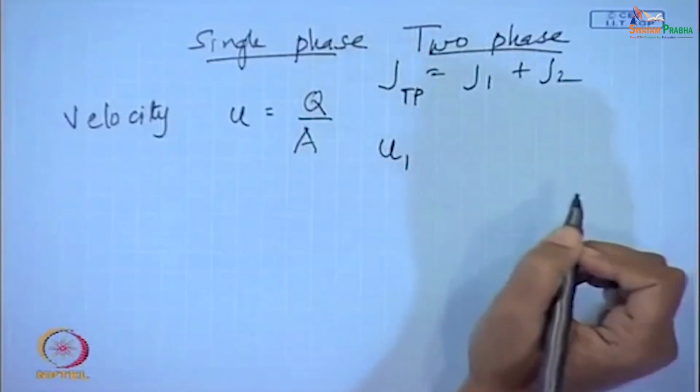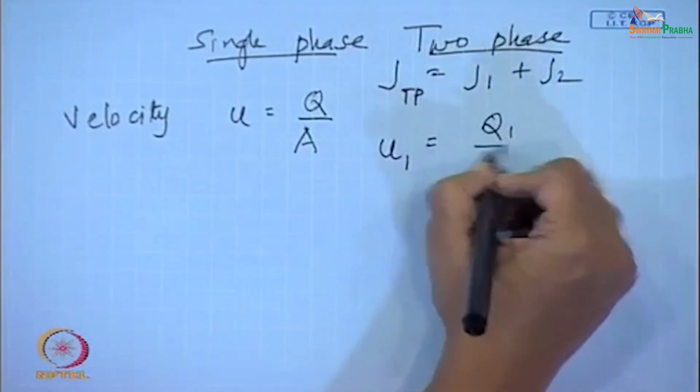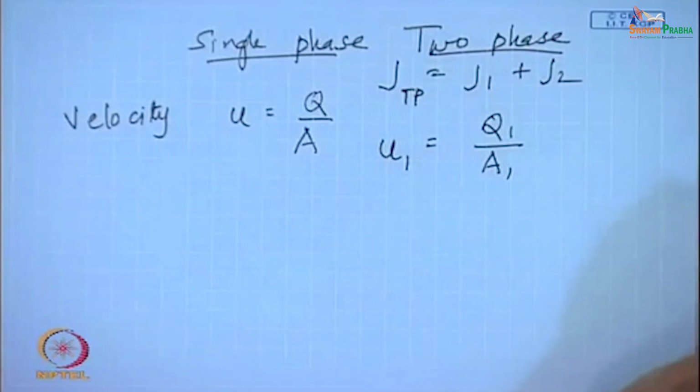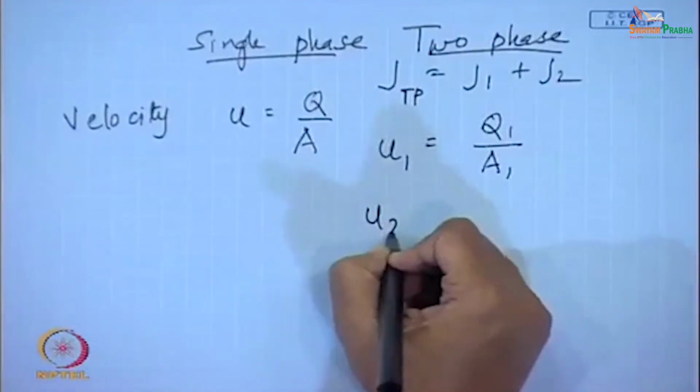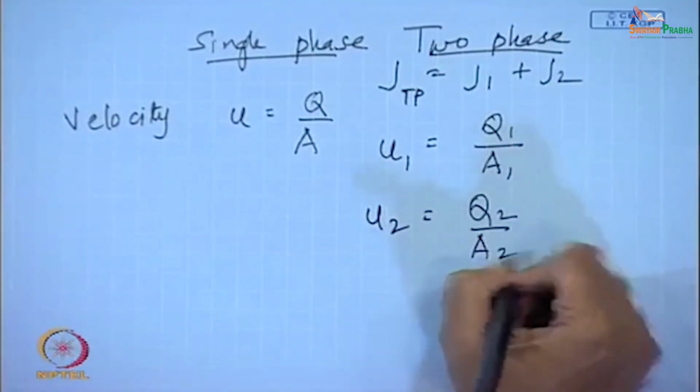So, if you talk about the actual velocity, then u 1, the velocity of phase 1, should be Q 1 by A 1, the volumetric flow rate of phase 1 divided by the cross sectional area occupied by phase 1. Similarly, we can have u 2 equals Q 2 by A 2.